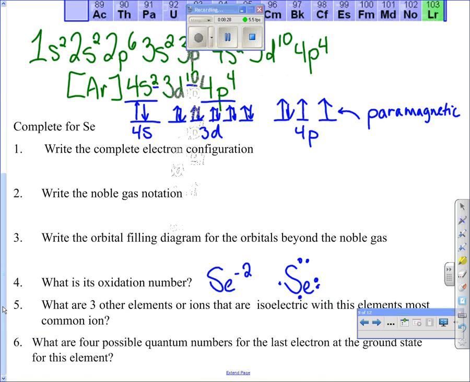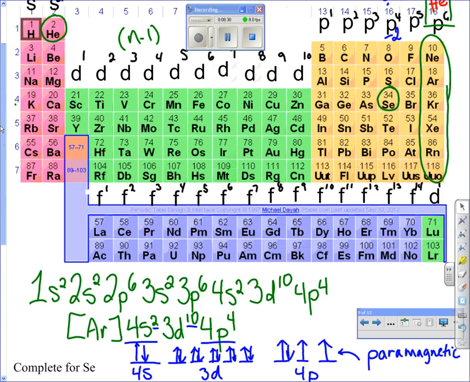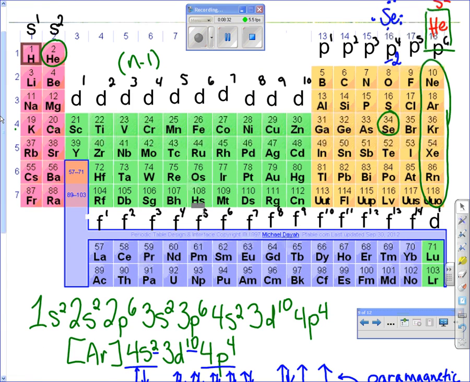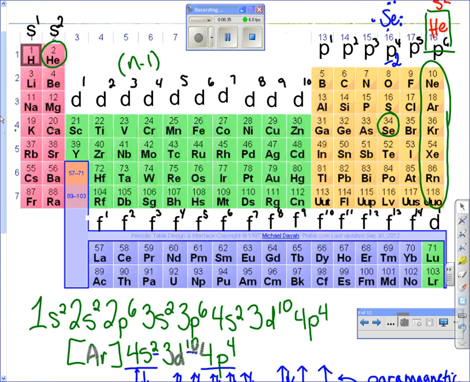So for number 5, we want to look at which ones are isoelectronic. The word isoelectronic means same electrons. And so when I take a look at Se and I look at Se -2, I know that when it gains 2, it's going to have 36 electrons. And so what I want to see here is who else can have 36 electrons.